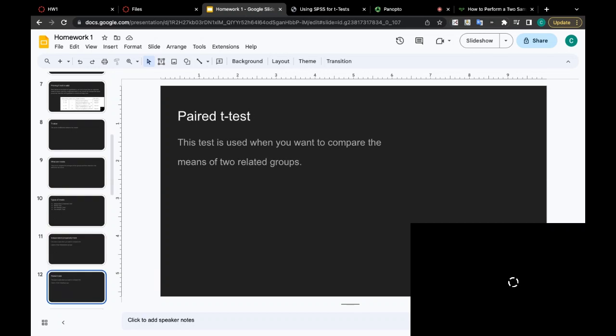Now, let's say a paired t-test. Let's go to money. Now, we're going to have money from birthdays and money from holidays. You're earning money from a special occasion. High chance those are related, and the money you earn is going to be related.